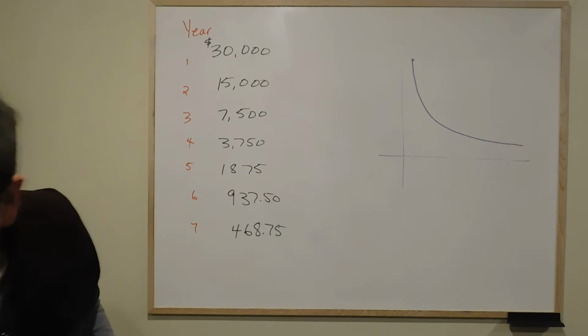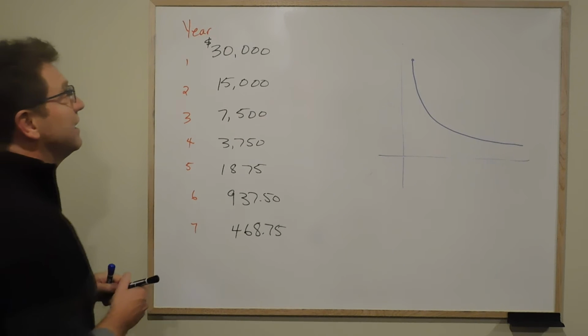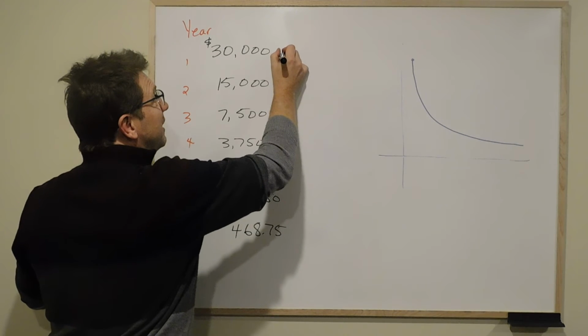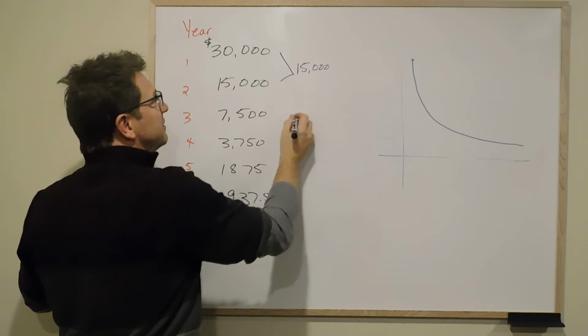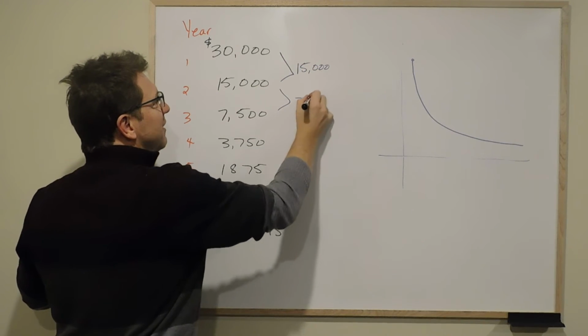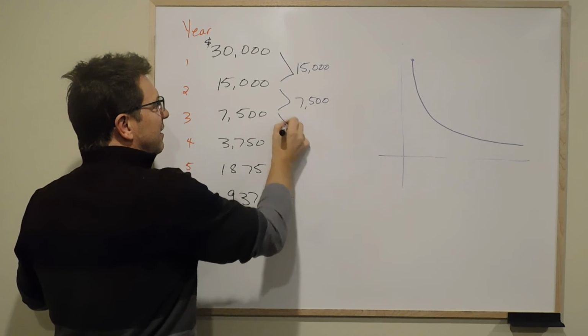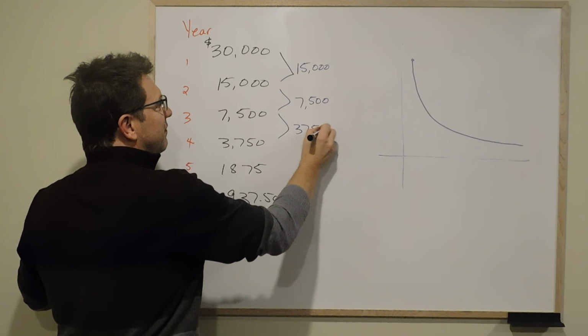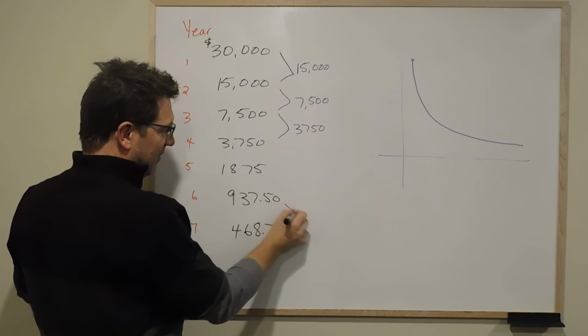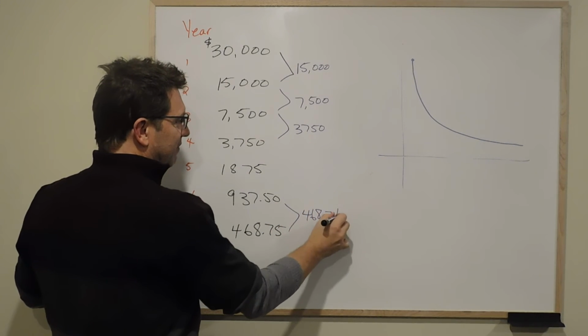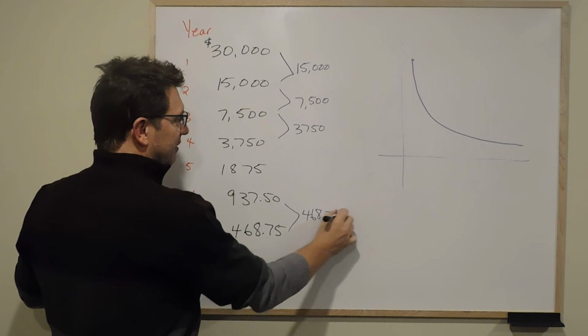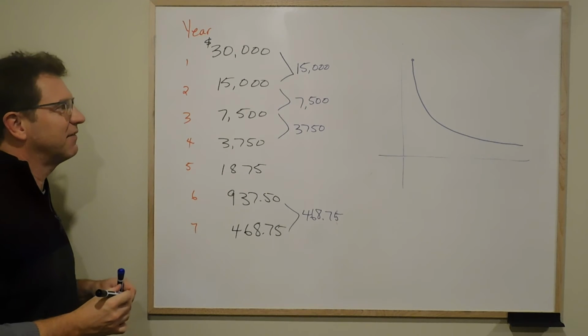But notice what happens here is because each time it gets divided by 2, you lost $15,000 there, but you only lost 7,500 there, and you only lost 3,750 there. By the time you get down here, you really only lost 468.75, okay, between year 6 and 7.